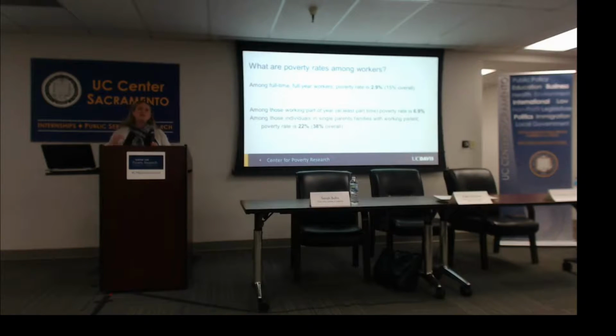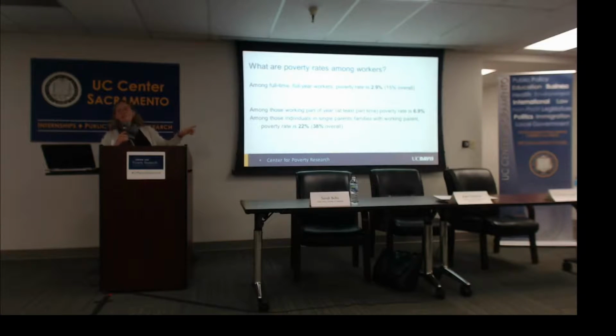A final striking statistic that again gets back to the subpopulation that many of our policies address and we spend a lot of time thinking about is that among individuals living in a single parent family, so this is the single parent themselves as well as any children or relatives in the family, among that group, in a family with a single parent who is working, the poverty rate remains 22%.